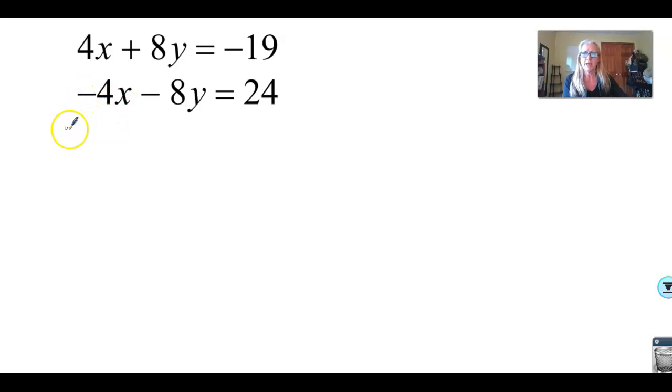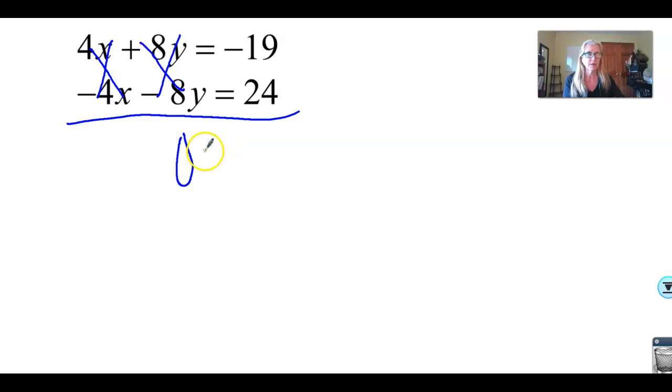Well, if we add these two equations together, those cancel out and those cancel out. What's left on the left? A big fat 0. On the right, we have 5. 0 does not equal 5. So, because this gives us a false statement, this is an example of a no solution system. It's just not going to work out.